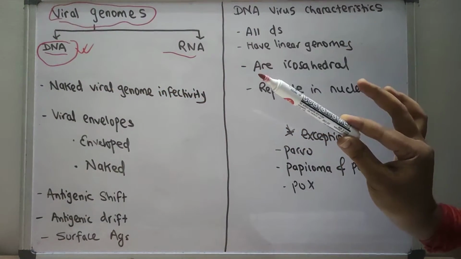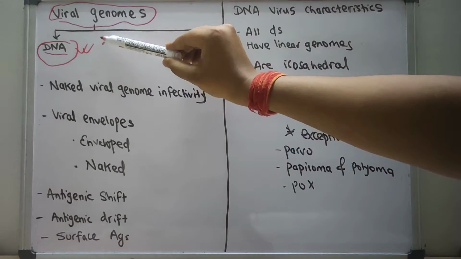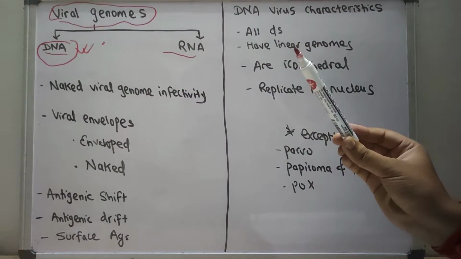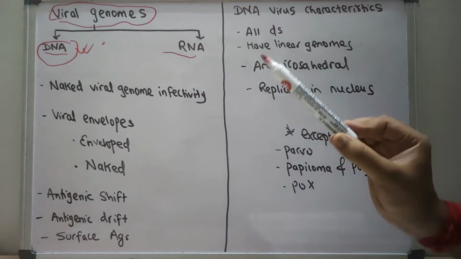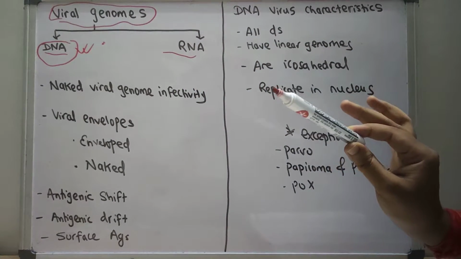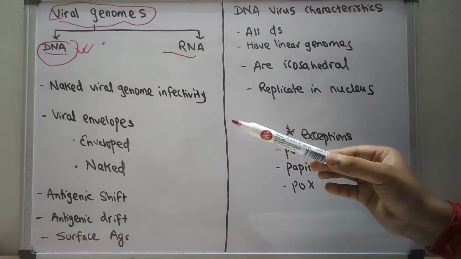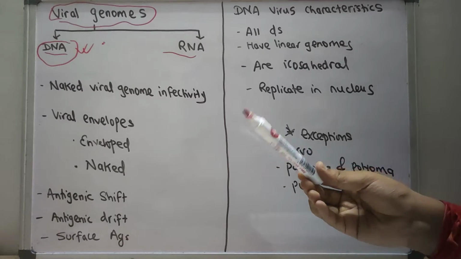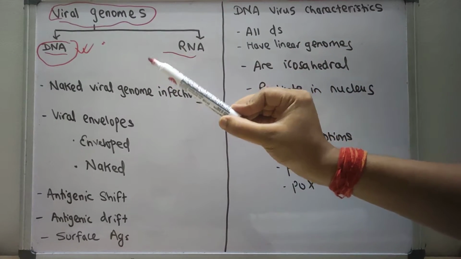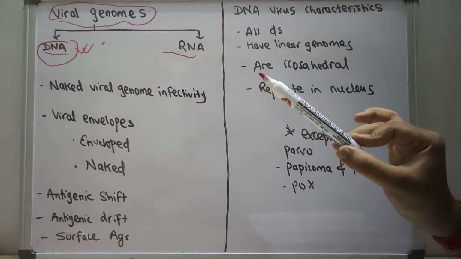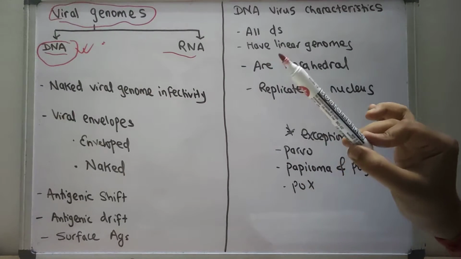All DNA viruses have double-stranded DNA except Parvoviridae, which has single-stranded DNA, and all are linear except papilloma, polyoma, and hepadna viruses. Those papilloma, polyoma, and hepadna viruses are circular viruses.